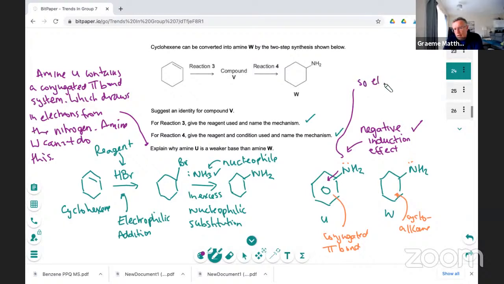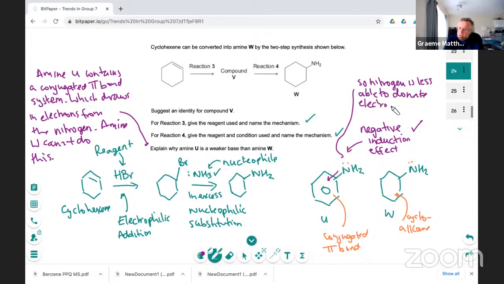I'm going to say the nitrogen is less able to donate electrons.